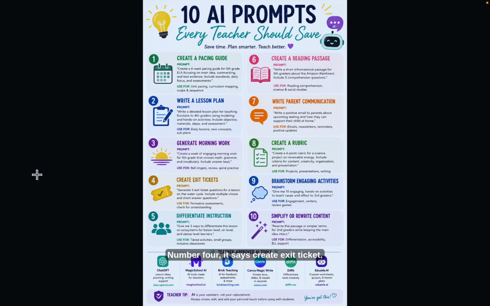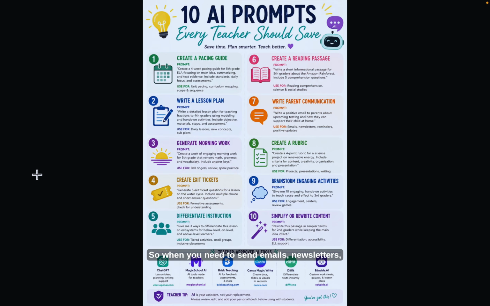Number 4, it says create exit tickets. Number 5, differentiate instruction. Number 6, create reading passages. It can even help you to make a passage and comprehension questions so that you can send those home for homework or for extra practice. Number 7, it can help you to rewrite those parent communication tools.